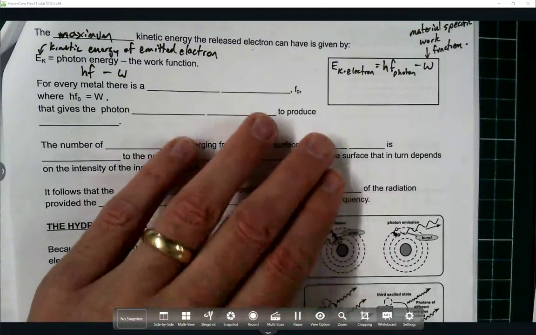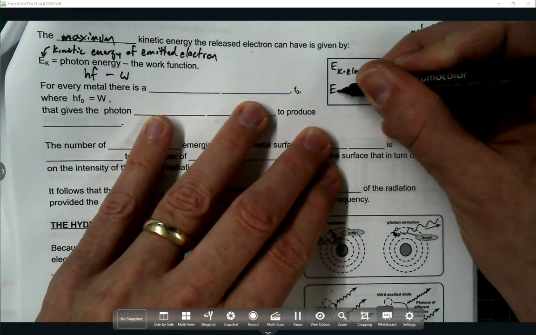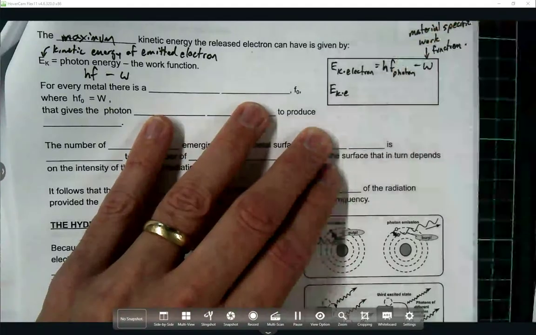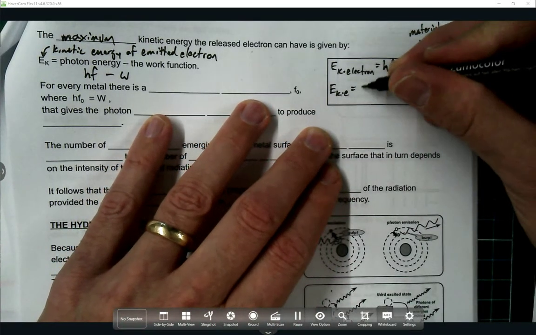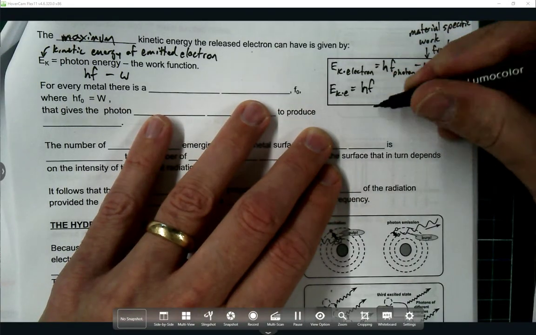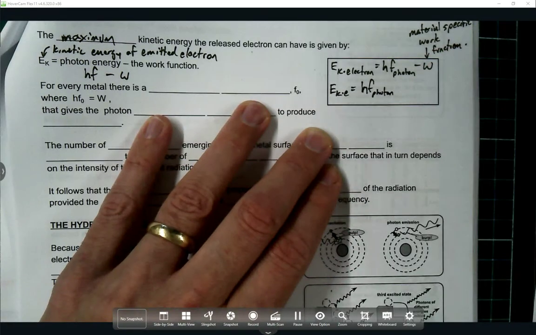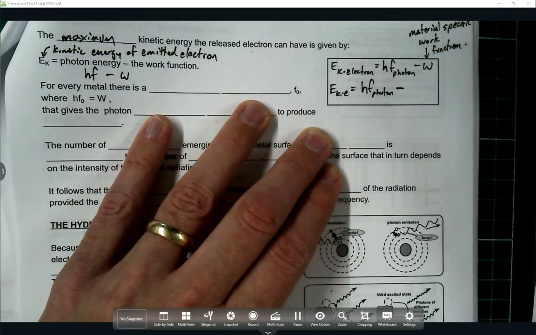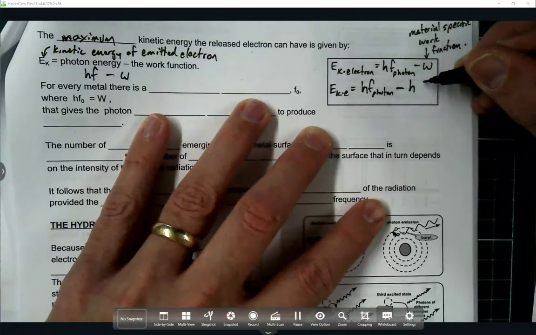Now, I actually got to do this one better. This EK, which I'm going to shorten to EKE, kinetic energy for an electron, is equal to h times f for the photon. I'm not going to change anything there, but I want to turn that W into an h times f naught.